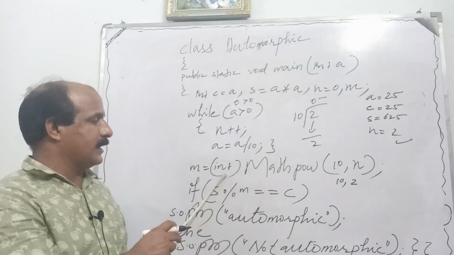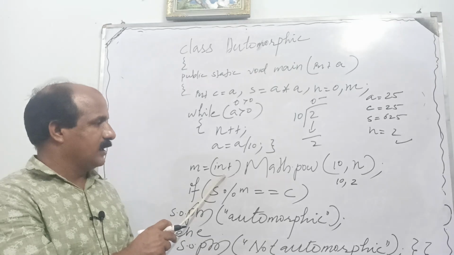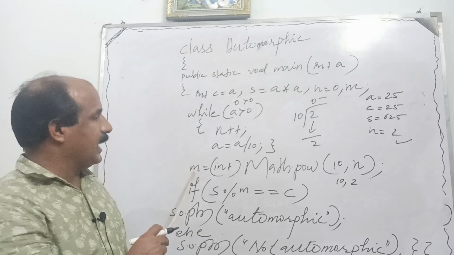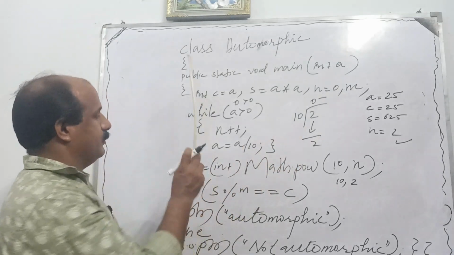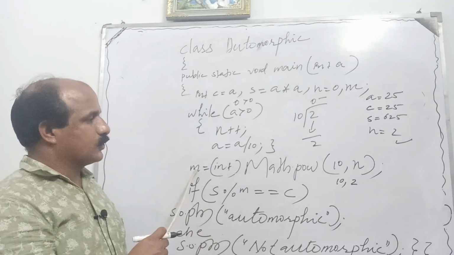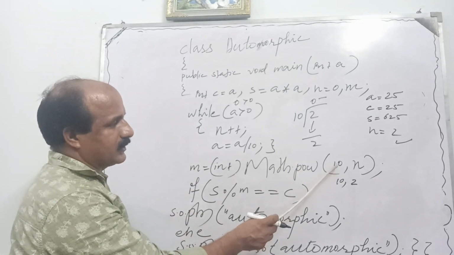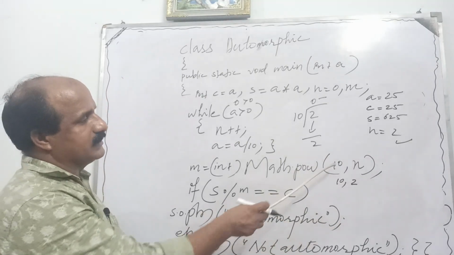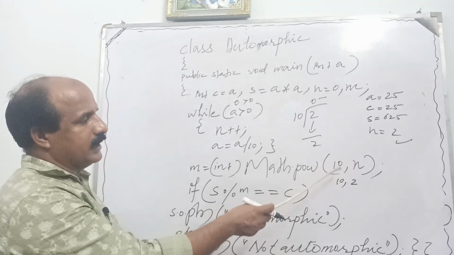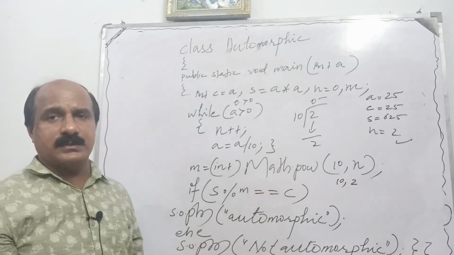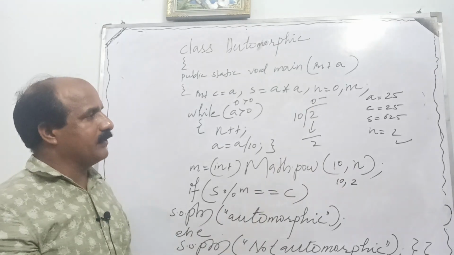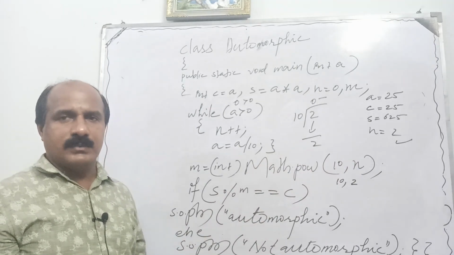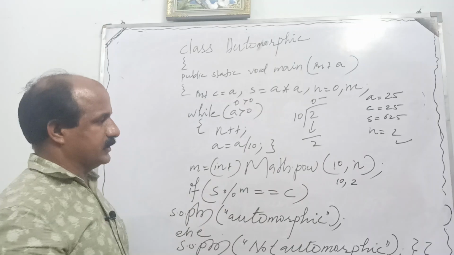That is why I make an explicit conversion and store that value in M. M is an integer type variable, that's why. So I have taken the power 10 to the power number of digits. If you have 3 digits, then 10 to the power 3, that means 1000, will come. If you have a one digit number, then 10 to the power 1, that means 10, will come. So that's the power I have calculated.